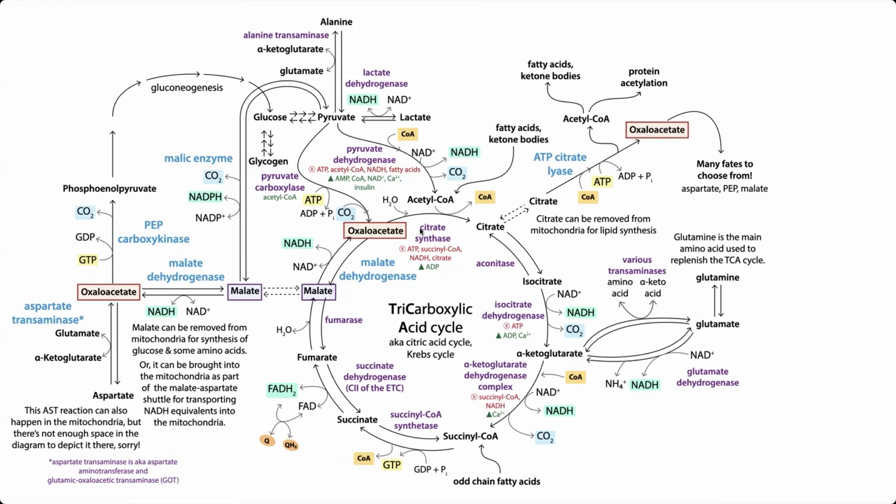You've got to add more than 2 carbons because each turn around the cycle, you're losing 2 carbons. So if you want to put in acetyl-CoA, you need to make sure that you've got the 4 carbons in there. And if you remove something but only put in 2 carbons, then you're going to be out of luck because all these intermediates, the smallest ones that we have are 4 carbons.